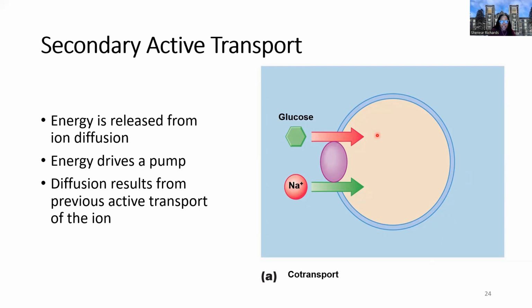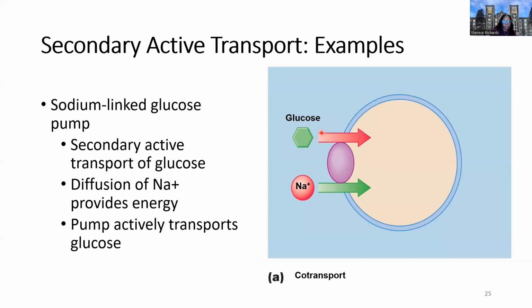Okay, so the energy that's released from ion movement can be harnessed to move another particle actively against its gradient. The example of this here is the sodium-linked glucose pump. This is an example of co-transport. So we're going to be moving sodium. Sodium is at a higher concentration outside the cell and a lower concentration inside the cell.